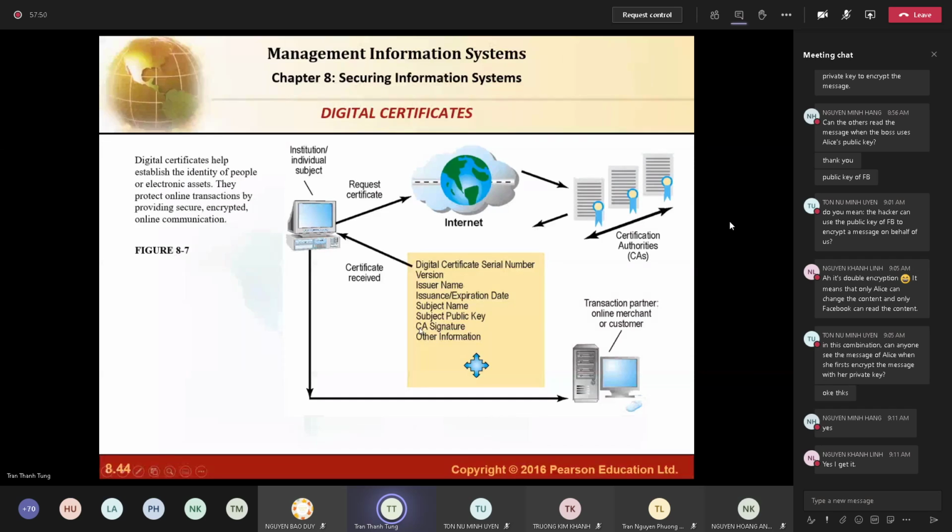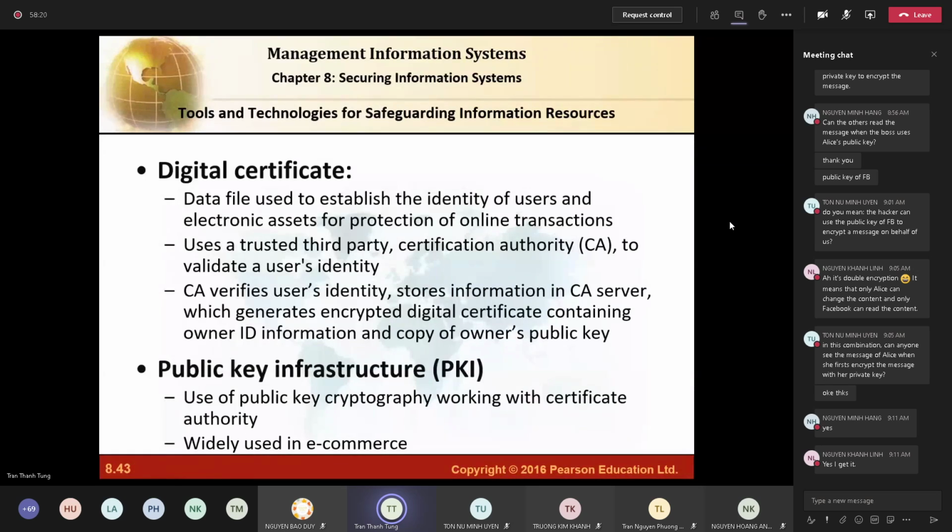The signature is the private key of the CA used to encrypt the message, and the result of the encrypted message is the signature. So you receive one document that links the subject name to the public key of the subject, so that you can trust it and use it. We call that the public key infrastructure.